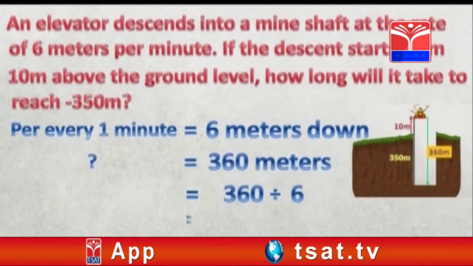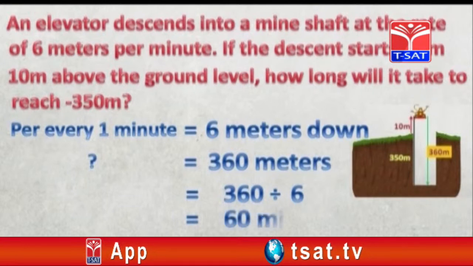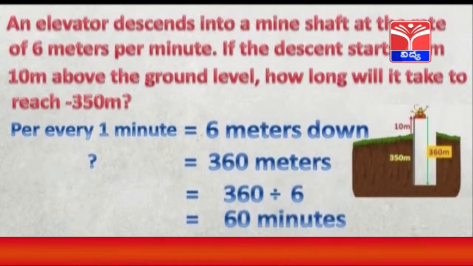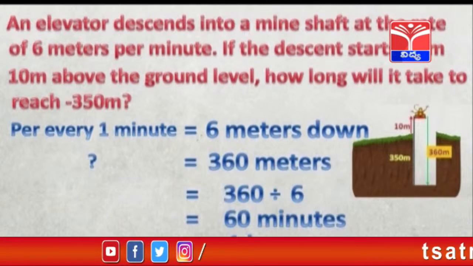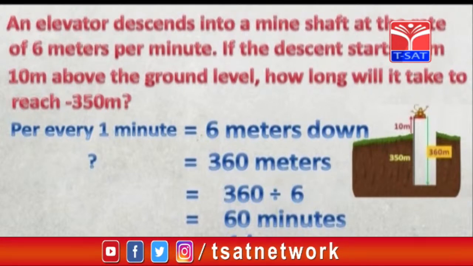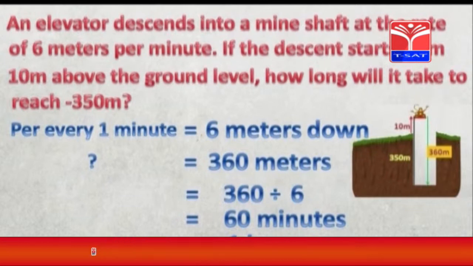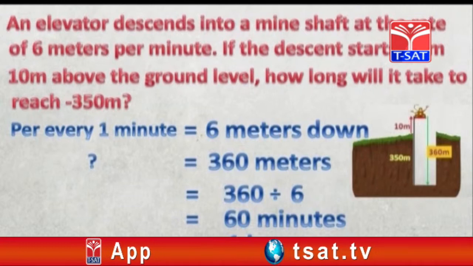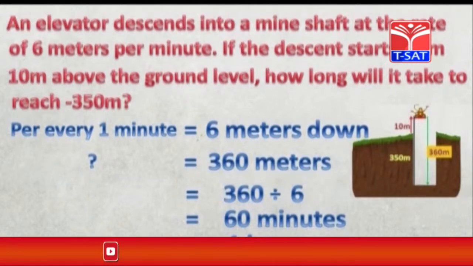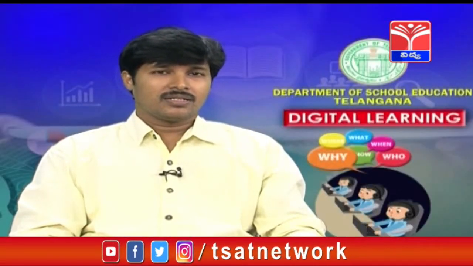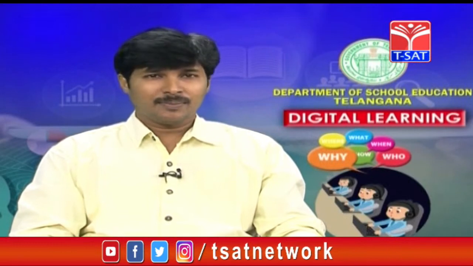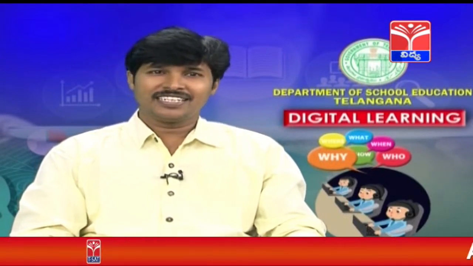After doing the division, we get 60 minutes. 60 minutes means 1 hour. Thus, the mine shaft takes 1 hour to reach minus 350 meters or to travel a total of 360 meters of distance.